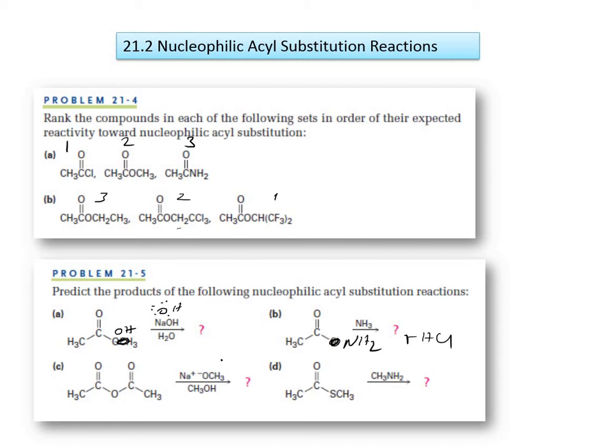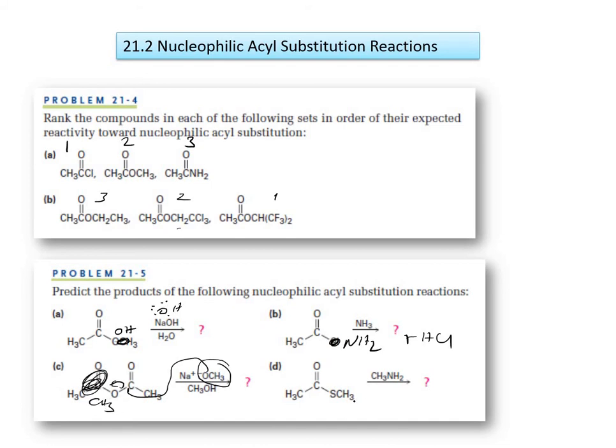Here this part is the nucleophile methoxide. So this is a symmetric anhydride. You can maybe just show it this way, this and this part will leave. So you can say that CH3CO and OCH3. So this part will be CH3.